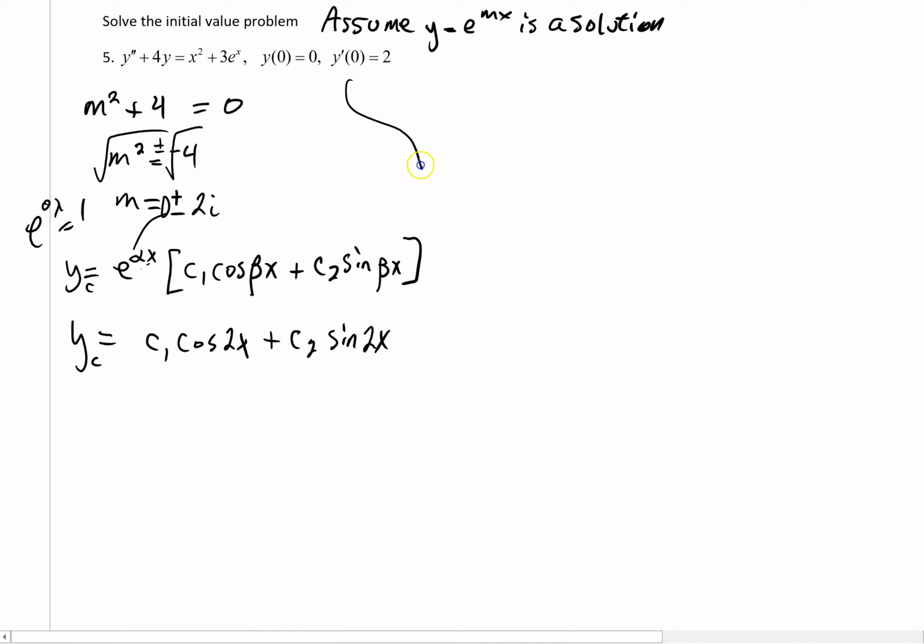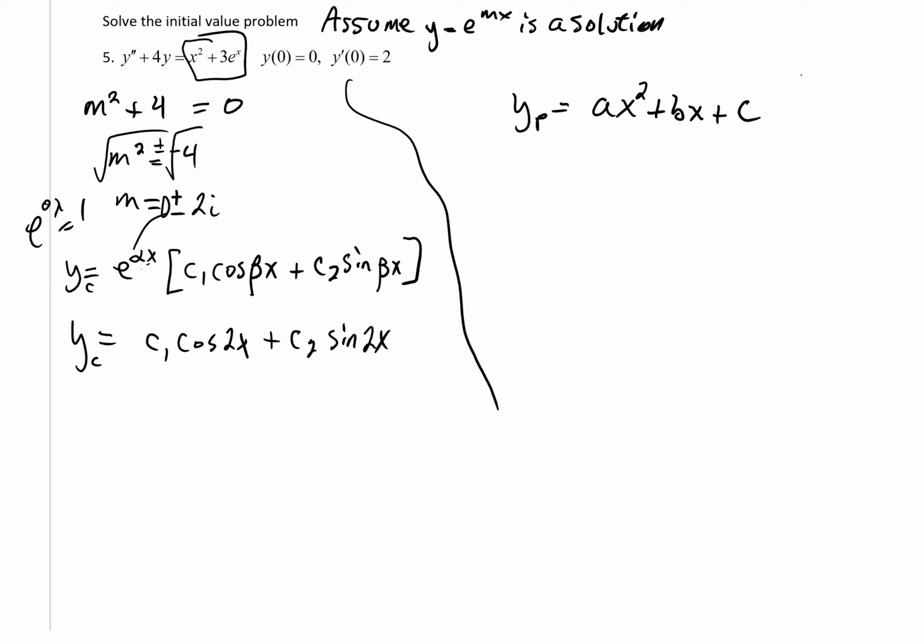Okay? For our particular solution, you can see that we've got x squared, so we're going to assume that there is a general quadratic function, ax squared plus bx plus c, that is going to be a solution. But we also have this e to the x, so I'm going to put a d e to the x right up there.